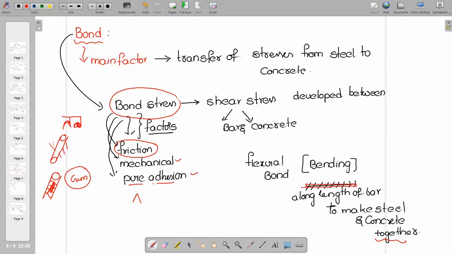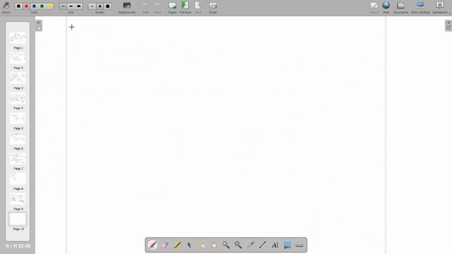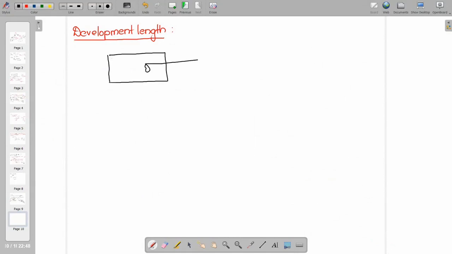Now, a very important concept is the development length. Suppose you have a bar here; they will talk about the development length like this.